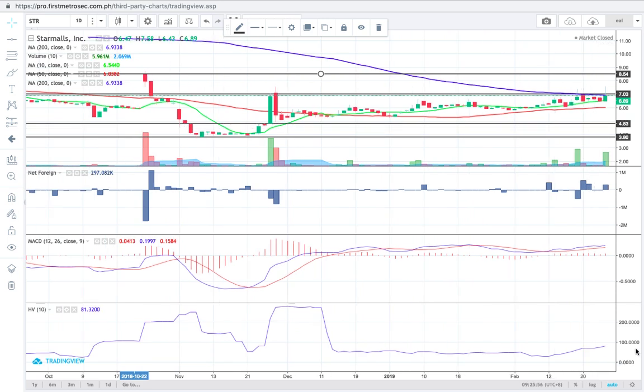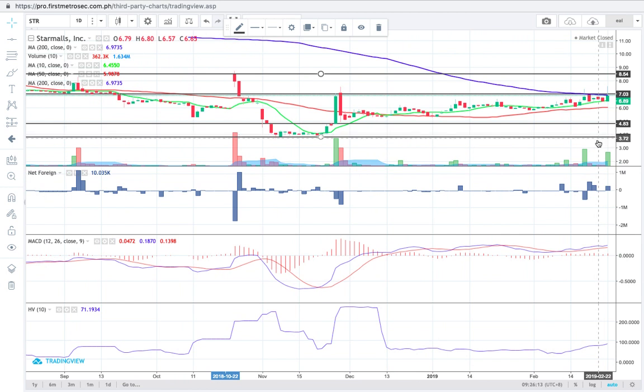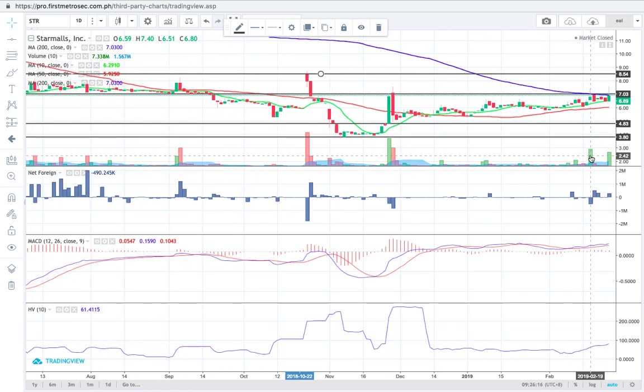Now when it comes to the risk level of STR, I would say that this stock is already trading inside the high risk level. Why? Because it already has a historical volatility score of 81%. Okay. My overall sentiment for STR is neutral to bullish. Why neutral?